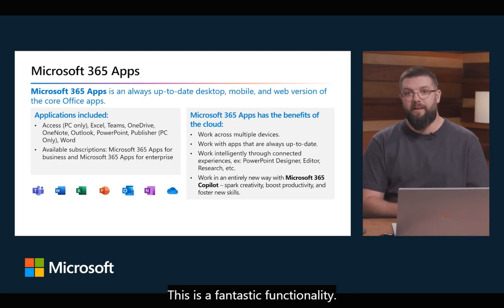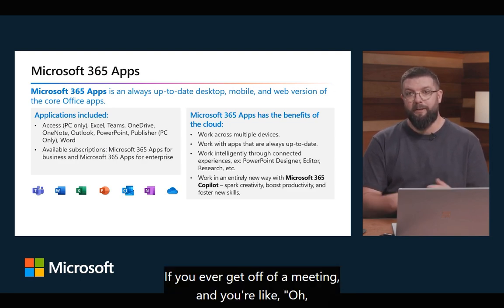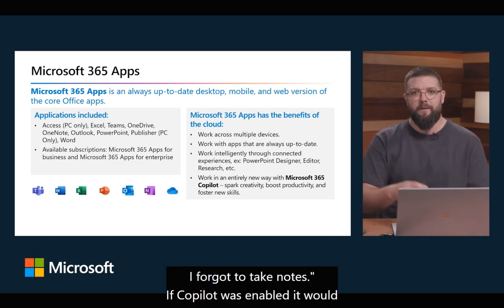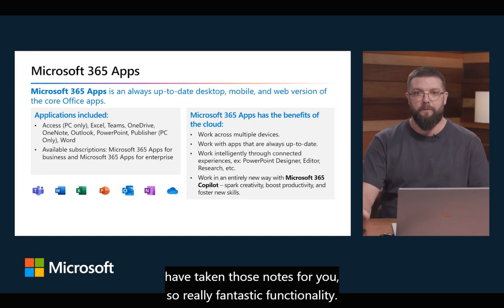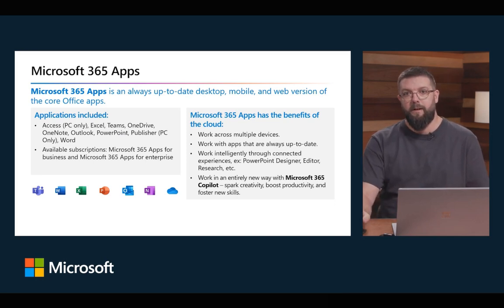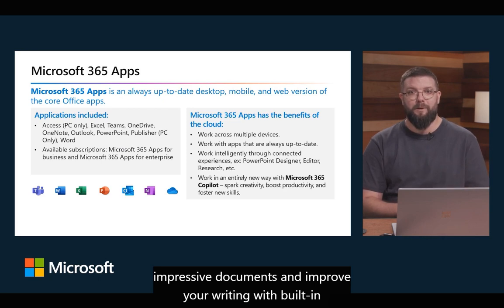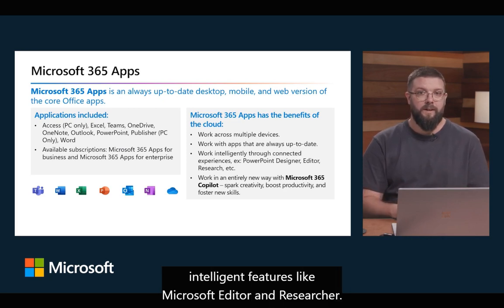Now, this is a fantastic functionality. If you ever get off of a meeting and you're like, I forgot to take notes. Well, if Copilot was enabled, it would have taken those notes for you. So really fantastic functionality.